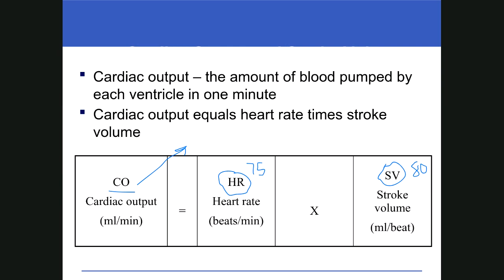If I multiply 75 times 80, I get 6,000. So in other words, that particular person at that particular time, their heart was pumping 6,000 milliliters per minute. Does that make sense to everyone?